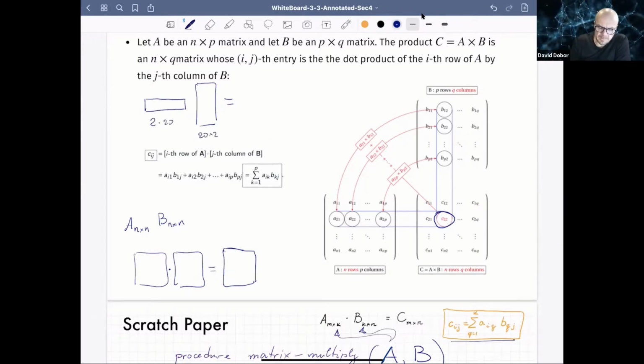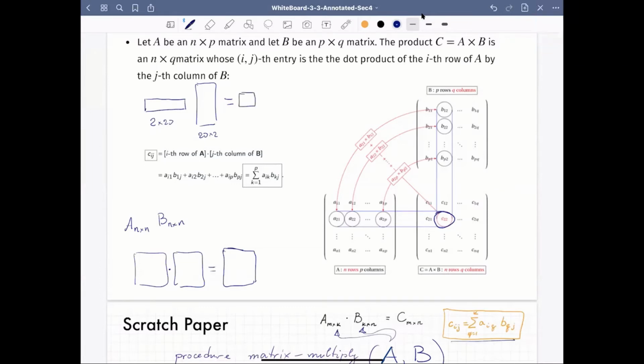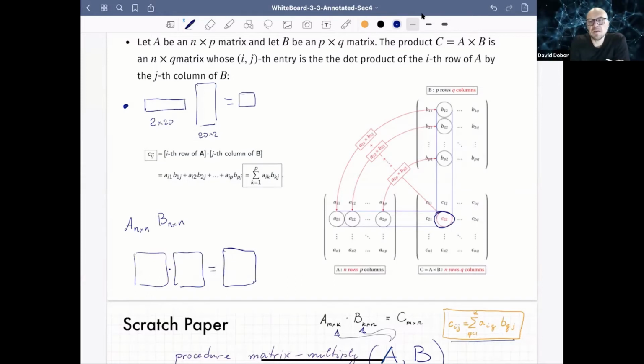What's the shape of the matrix that comes out? 2 by 2. That's the matrix multiplication when a laid down matrix is multiplied by a standing up matrix. Here's another example. How about a standing up matrix multiplied by a laid down matrix? Now you have 20 by 2 multiplied by 2 by 20. What's the shape? 20 by 20.